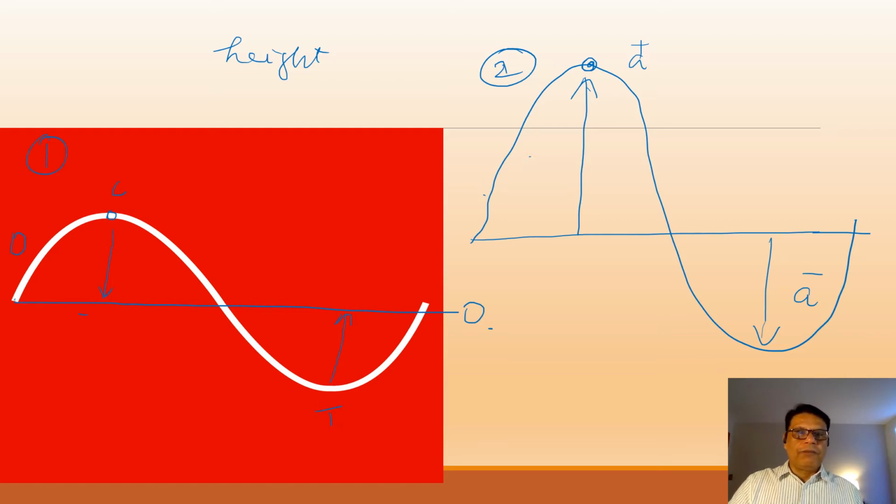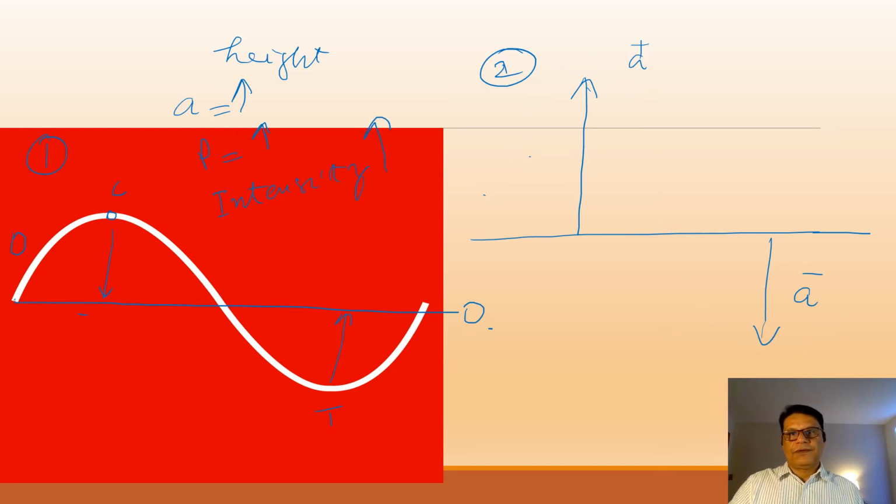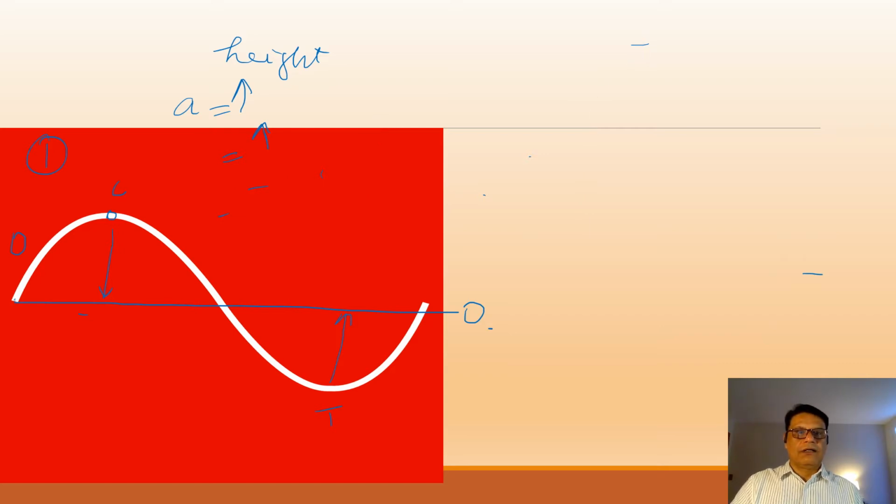So when amplitude increases, automatically it will increase its power, it will increase its intensity. We will discuss this relationship and this concept in coming lectures and in coming slides. Let's move forward.